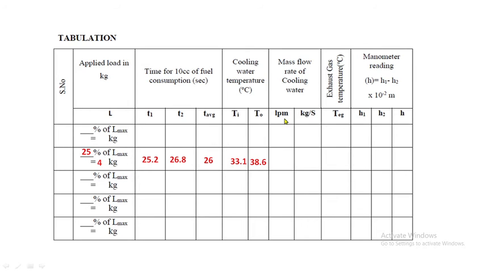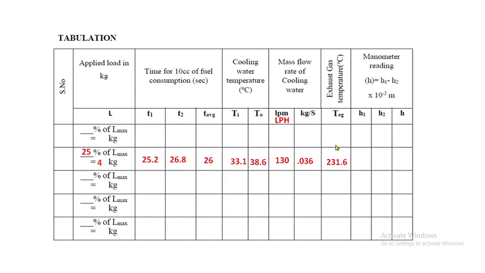The rotameter connected for measuring the flow rate of water is in liter per hour. By the floating needle, you can check the mass flow rate of cooling water. For my calculation, I took it as 130. Convert this liter per hour into kilogram per second by dividing by 3600 seconds per hour.